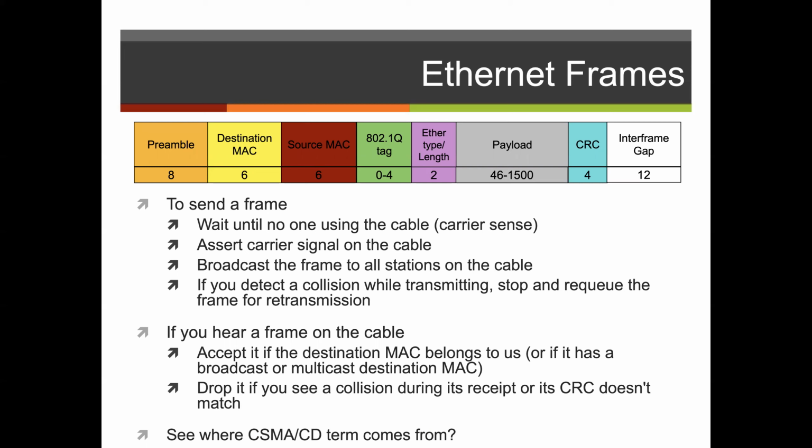If you hear a frame on the cable, you accept it if the destination MAC belongs to the network. You drop it if you see a collision during its receipt, or if its CRC doesn't match. So this is where CSMA/CD comes from.